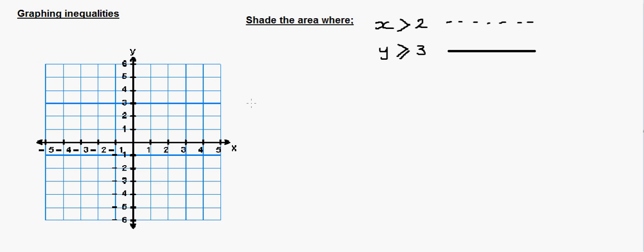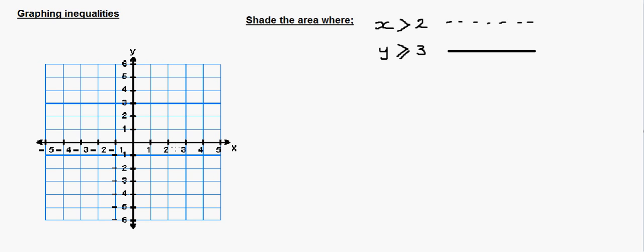The reason we do that is if we're given the graph and we have a line where x is 2, if everything is a solid line, we don't know whether x is greater than 2 or greater than or equal to 2.